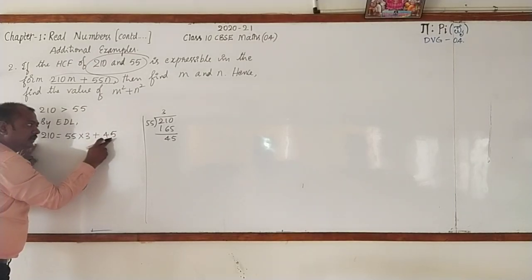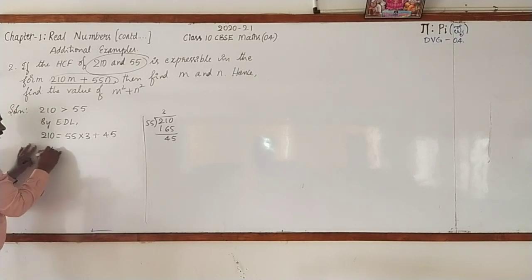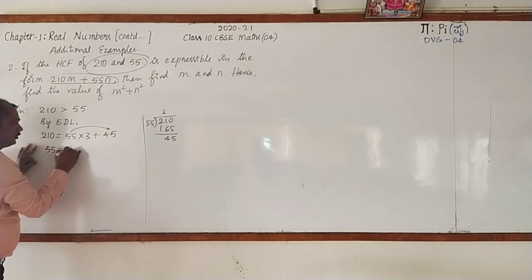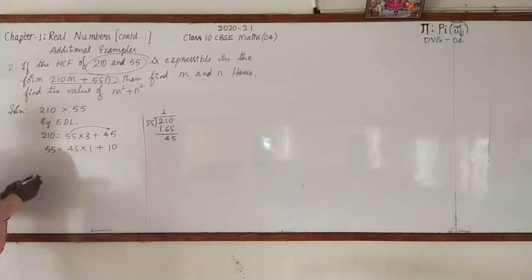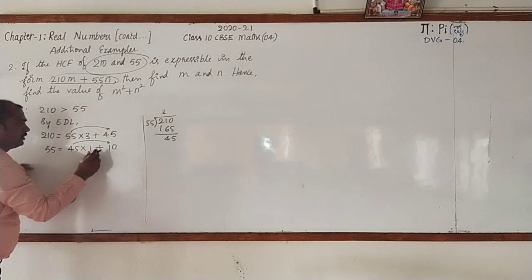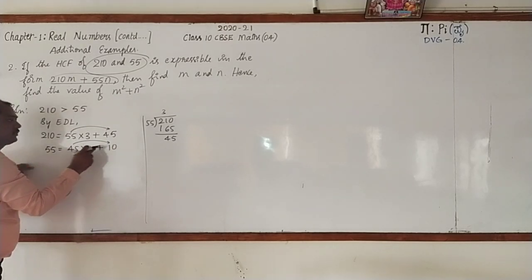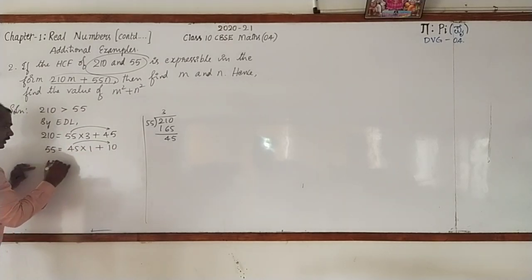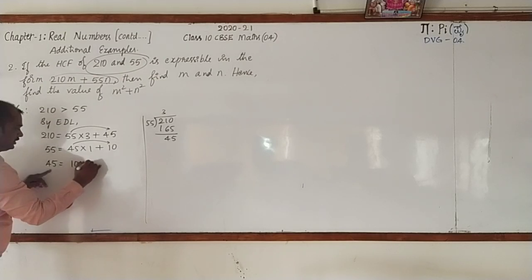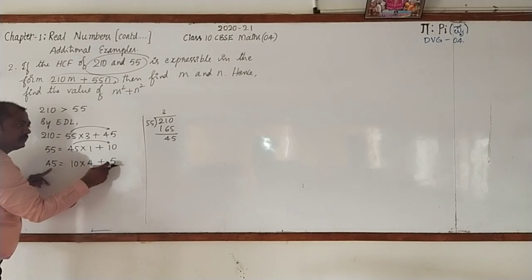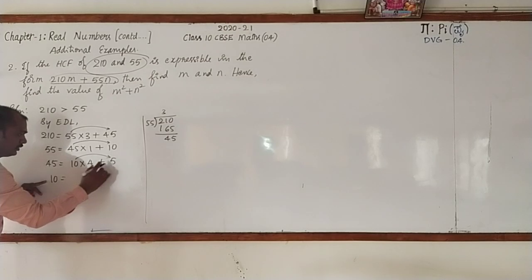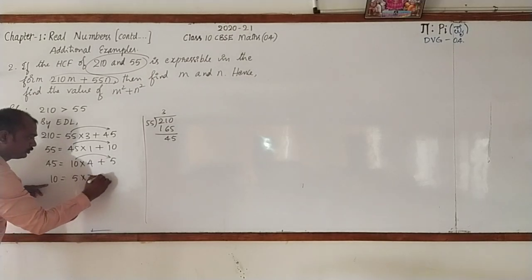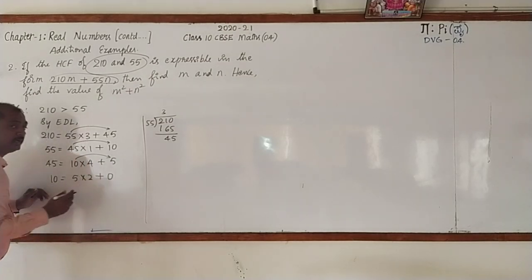Now the remainder is not equal to 0, continue. 55 is equal to 45 ones, and 10 will remain. The remainder 10 is not equal to 0, continue. 45 divided by 10: 10 fours are 40, remainder is 5. 5 is the remainder, not equal to 0, so continue. 10 is equal to 5 twos plus remainder 0.